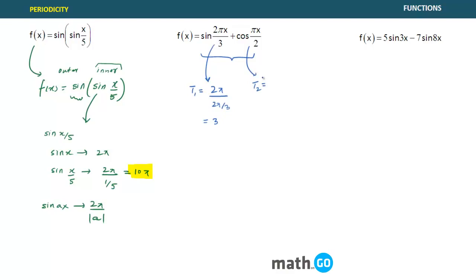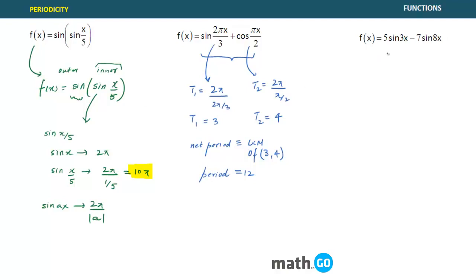The period is 2 pi by pi by 2, which is 4. So T1 has period 3 and the next function has period 4. So what is the net period? The net period will be the LCM of 3 and 4. What is the LCM of 3 and 4? 12. So the answer to this problem is that the period is 12.